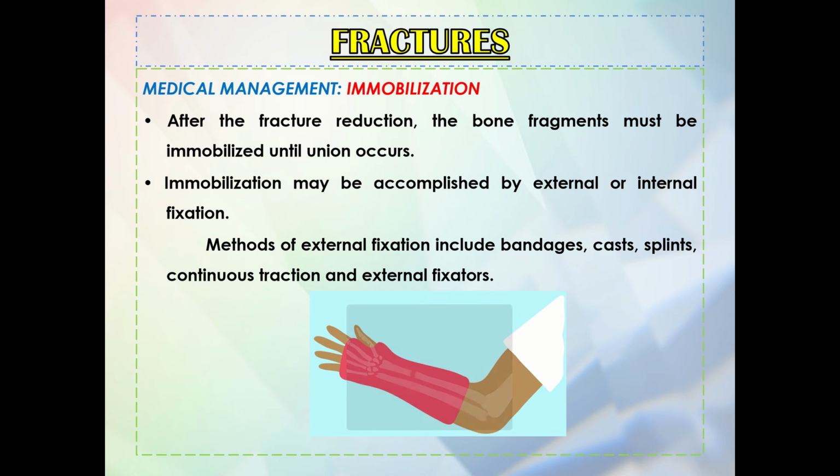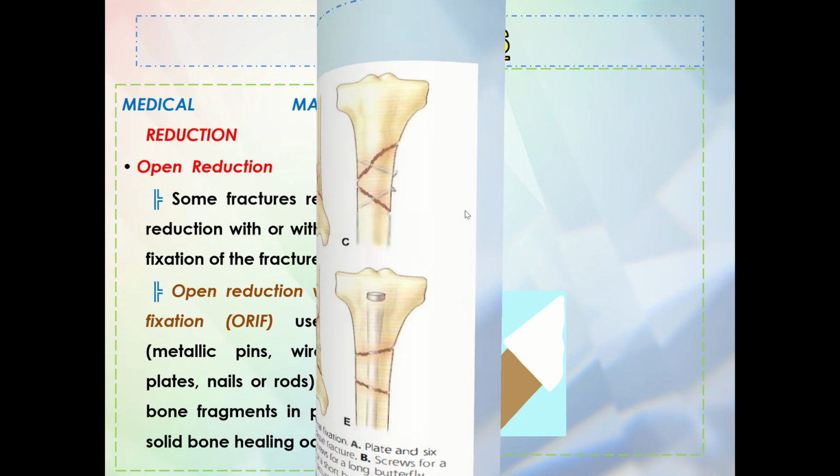So immobilization may be accomplished by external or internal fixation. The external fixator, you saw previously in our musculoskeletal care modality, these are the pins on the outside, which is why it is external. And the internal one is the one in our picture.